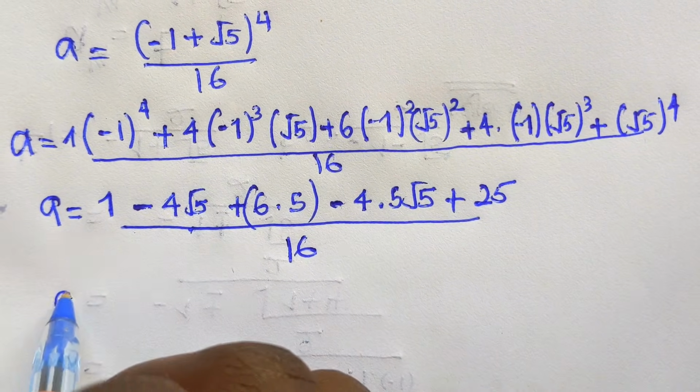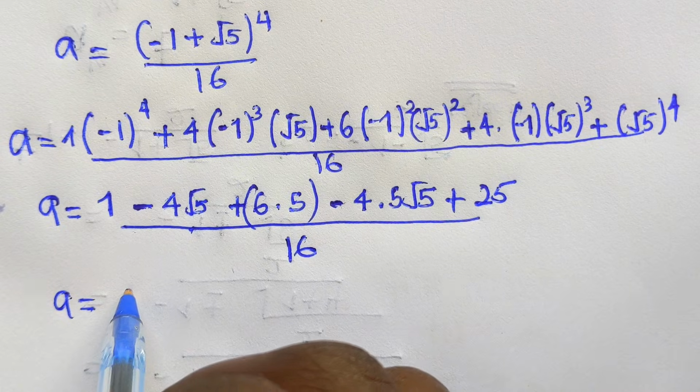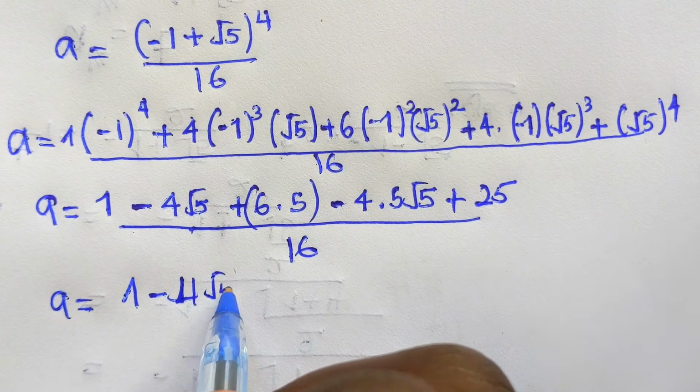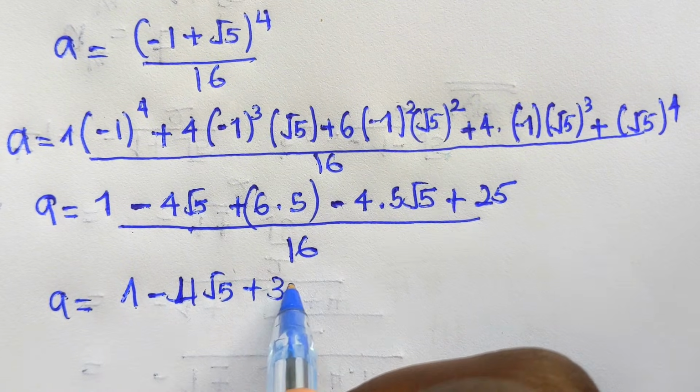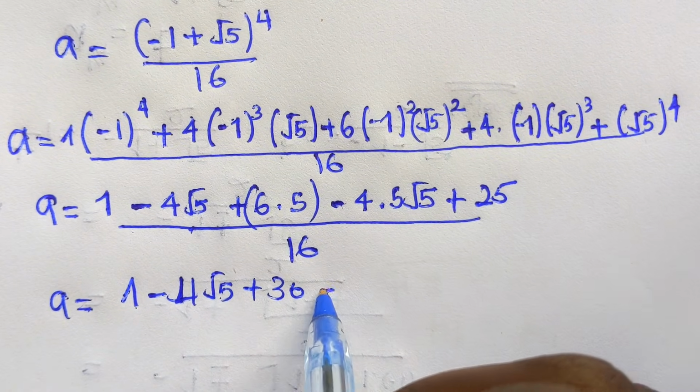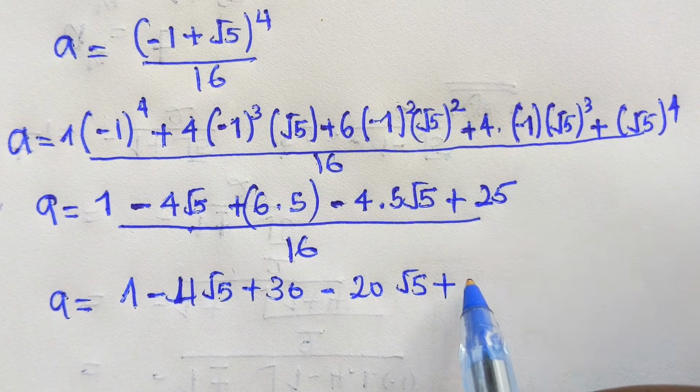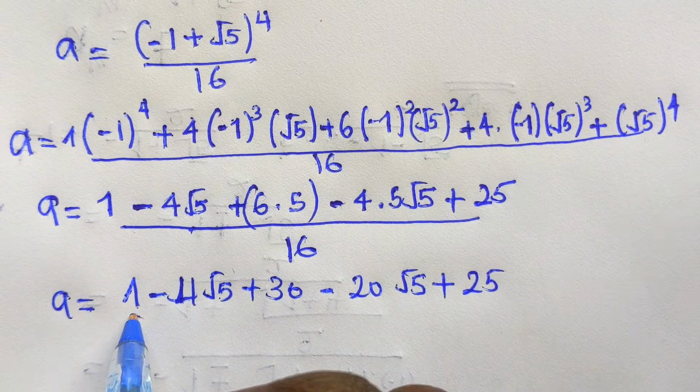Then a is equal to 1 minus 4 square root of 5 plus 30, then minus 20 square root of 5 plus 25 over 16.